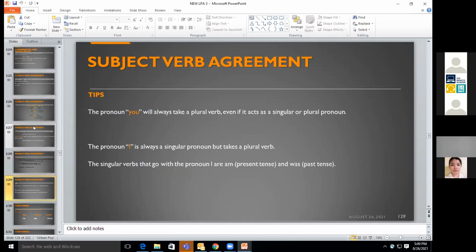Tips. The pronoun "you" will always take a plural verb, even if it acts as a singular or plural pronoun. The pronoun "I" is always a singular pronoun, but takes a plural verb. The singular verbs that go with the pronoun "I" are "am," present tense, and "was," past tense.